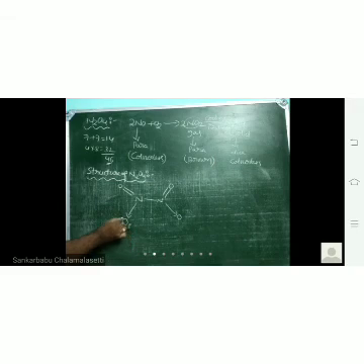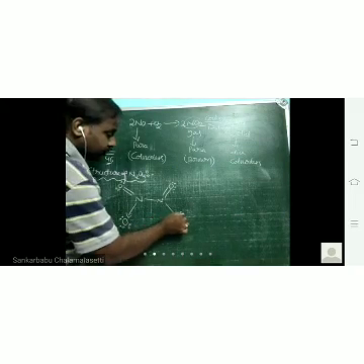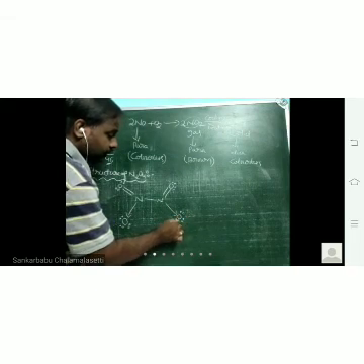Whenever a dative bond is there, oxygen contains 3 lone pairs, and whenever a double bond, oxygen contains 2 lone pairs. These structures are very useful to draw the Lewis dot structure. If you know the Lewis dot structures, with these you can find out the formal charge in the first year chemical bonding questions. So to calculate formal charge, we need the Lewis dot structure. This is the way of writing the Lewis dot structure.